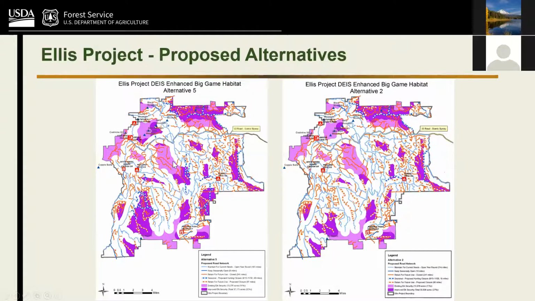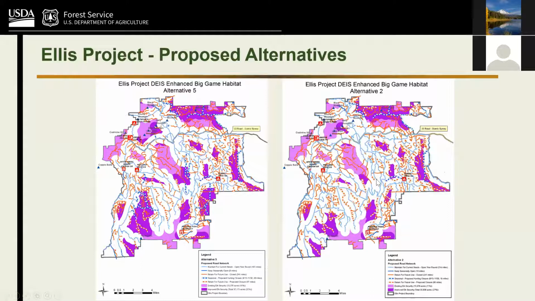And what you're seeing is the road network, and the light purple is the existing conditions of elk security. And then the dark purple is what is added to the existing condition of elk security with the proposed road management. And so alternative 5 has the most improvements to elk security.